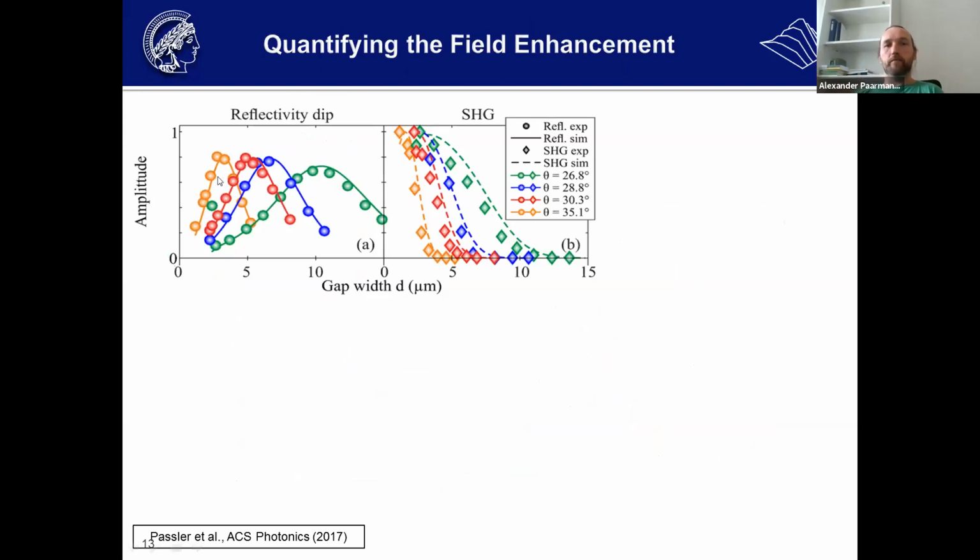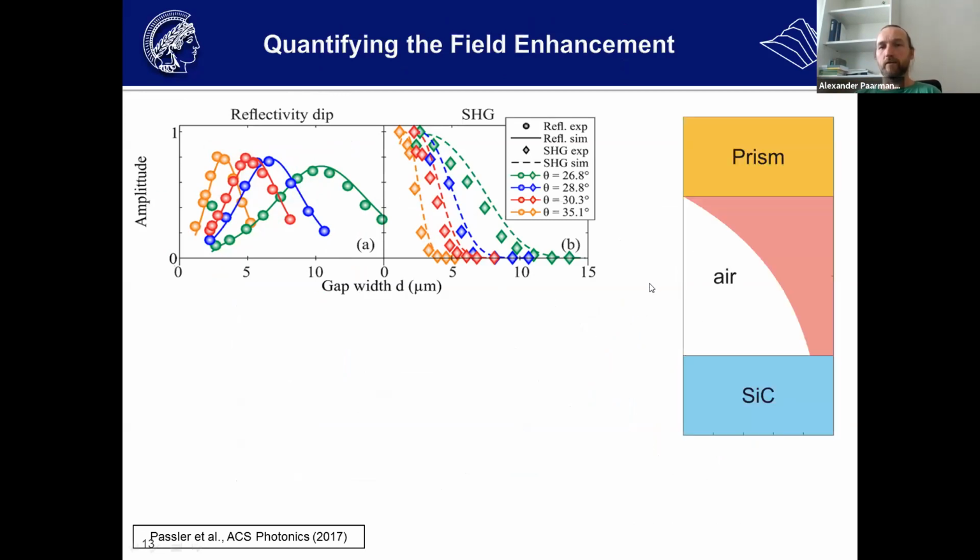And basically, you always see this critical coupling behavior of the reflectivity, so you always find this point of maximum efficiency of excitation. But the SHG amplitude on resonance always has the same behavior, that it basically just drops as we go away. That puzzled us for quite a while, until we finally got the reason why this is happening.